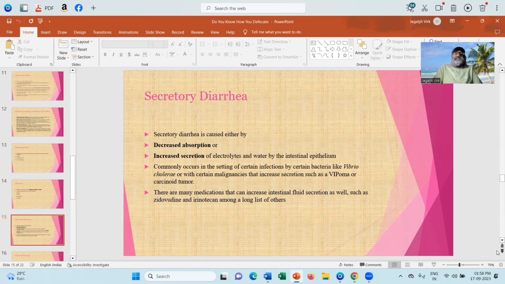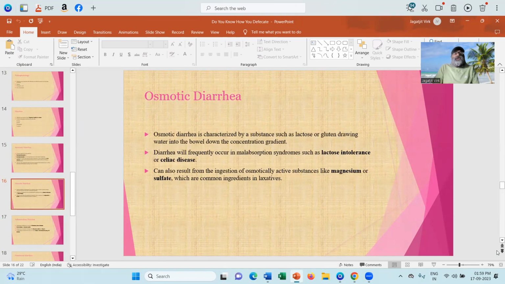It commonly occurs in the setting of infections by certain bacteria like Vibrio cholerae in cholera, or with certain malignancies that increase secretion, such as a VIPoma or carcinoid tumor. There are many medications that can increase intestinal fluid secretion as well, such as zidovudine and irinotecan, among a long list of others.